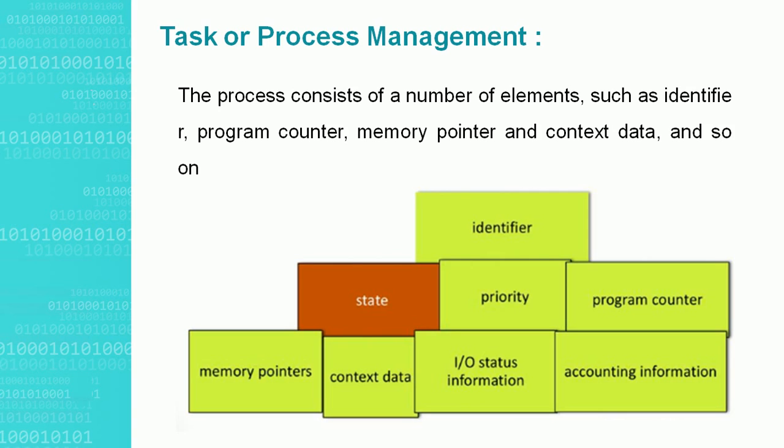Next, input output status information. What inputs are available from the hard disk, keyboard, or mouse, and what outputs are available through the process. Next, accounting information may include the amount of processor time and clock time used, time limits, account numbers, and so on.